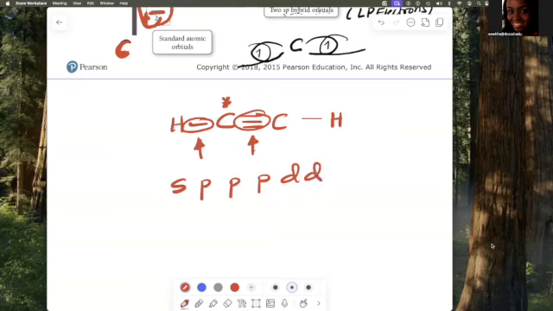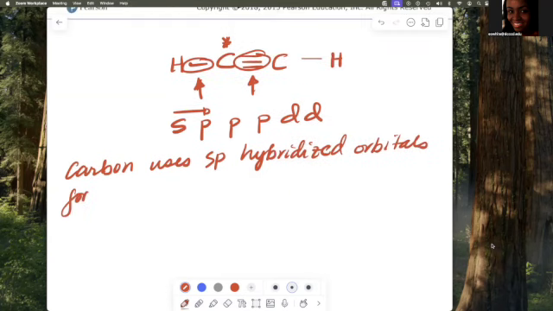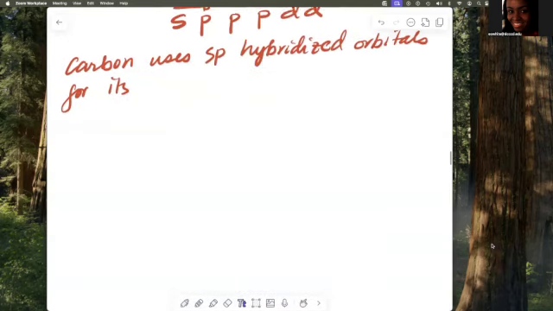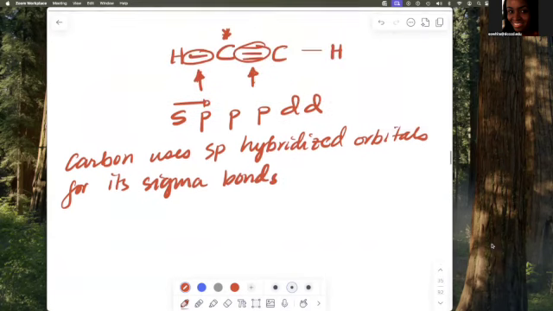And these first 2 are S and P. So we're saying carbon uses sp hybridized orbitals for its sigma bonds, okay?